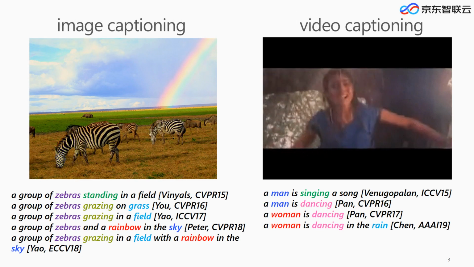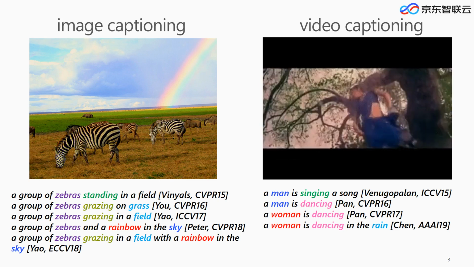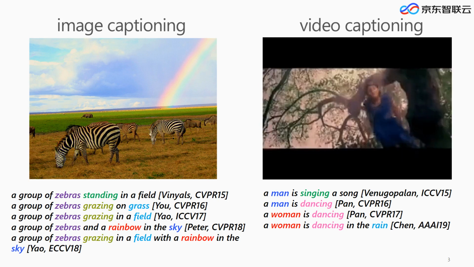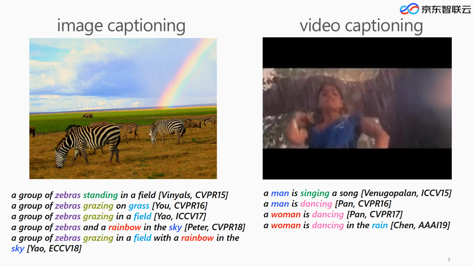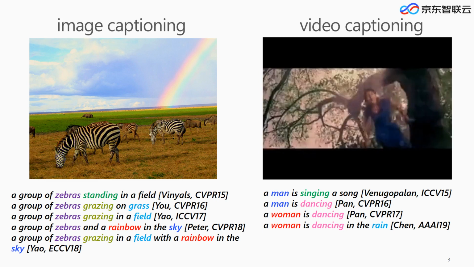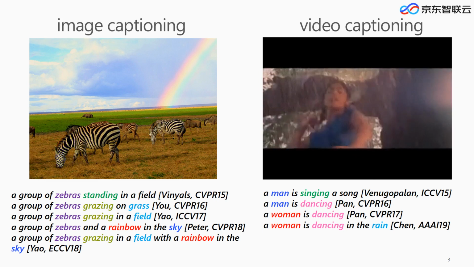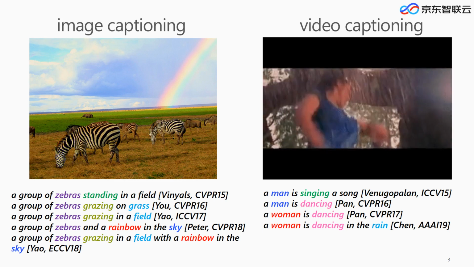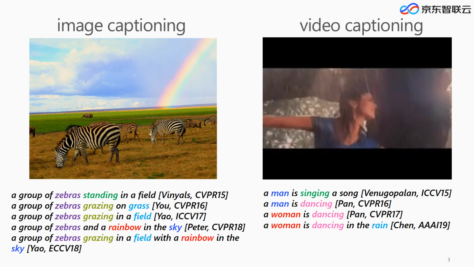In the past 5 years, researchers have made impressive progress in both image captioning and video captioning. From the left side, you can see, for example, in 2015, the system can output "a group of zebras standing in the field" for the given image. The sentence is pretty good, and the verb "standing" is also correct, but not that accurate.